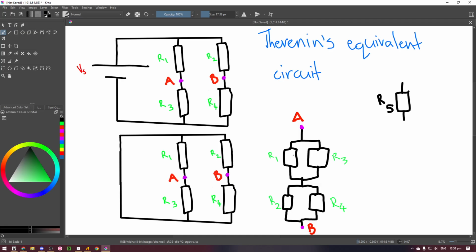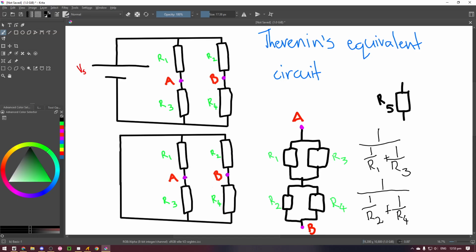Now we can see that calculating the overall resistance from A to B is not particularly difficult. We have one set of parallel resistors in series with another set of parallel resistors. The first set of parallel resistors will have equivalent resistance of 1 over R1 plus 1 over R3. And the second set will have equivalent resistance of 1 over R2 plus 1 over R4.